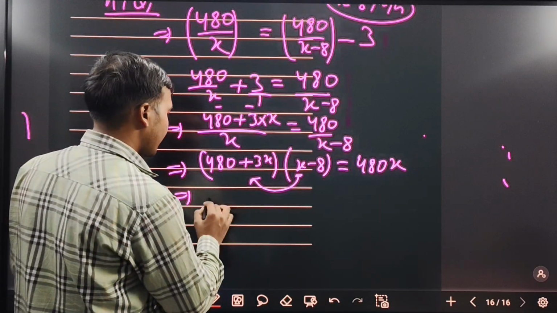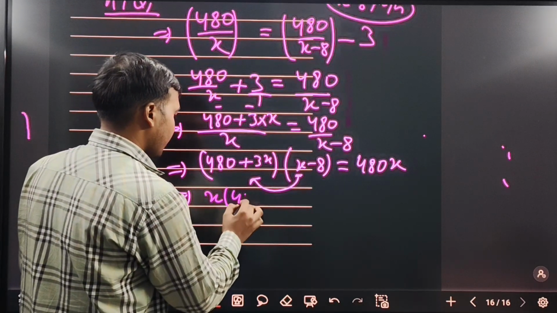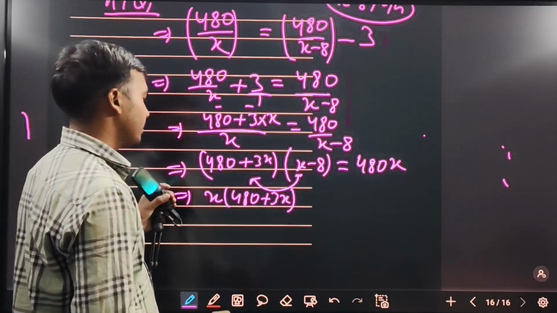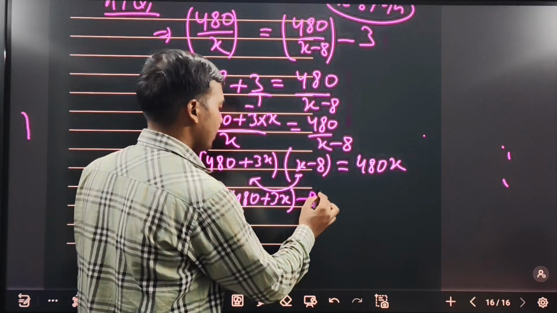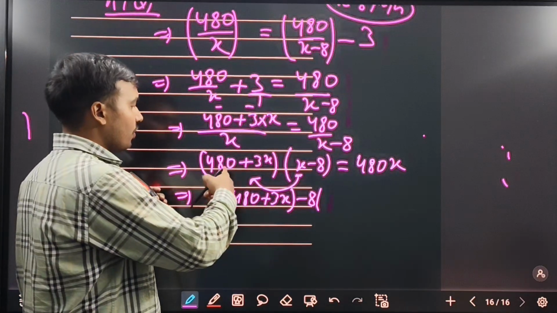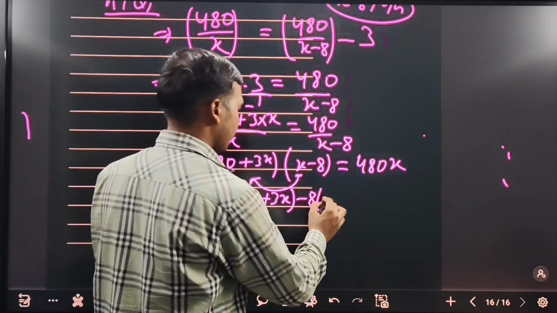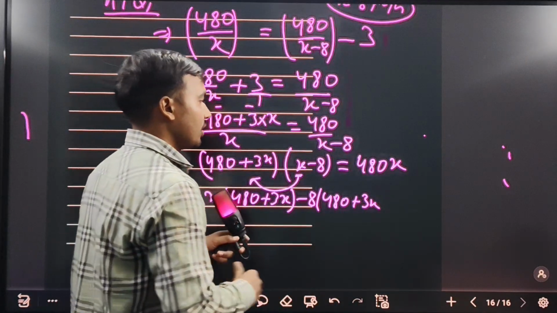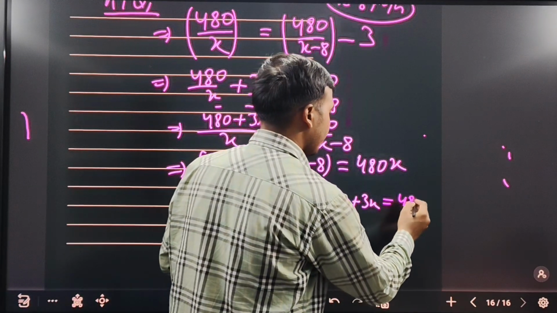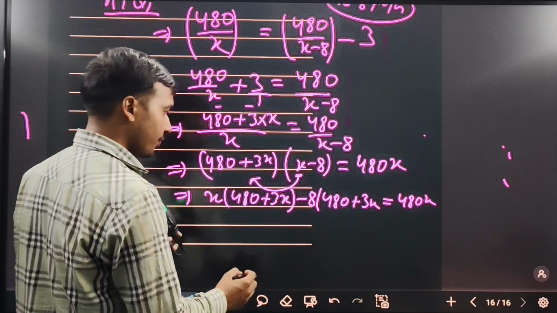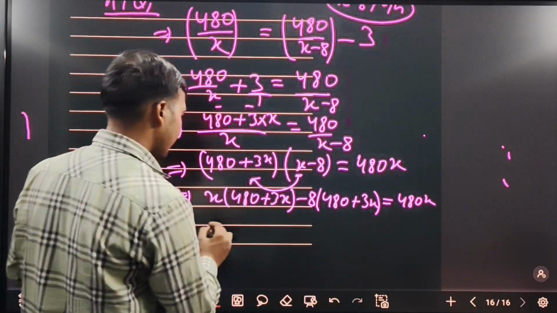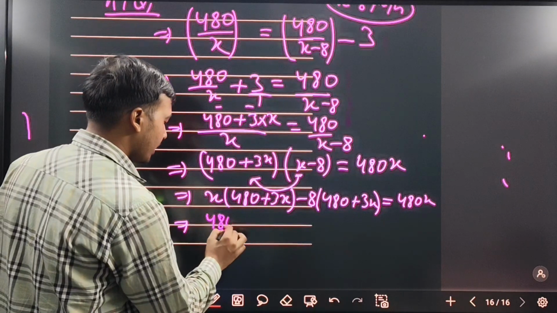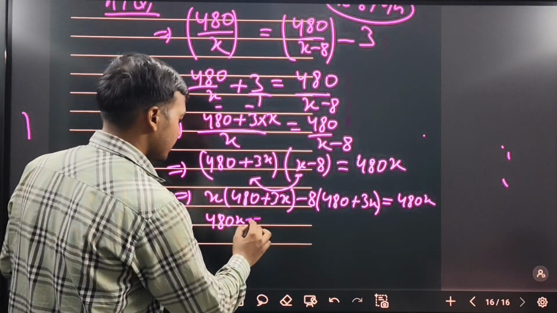So we can write it as x multiplied by 480 plus 3x, and in the second step minus 8 multiplied by 480 plus 3x, is equal to 480x.